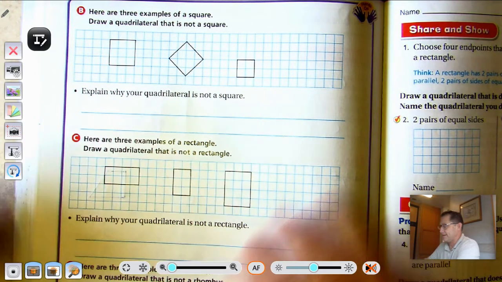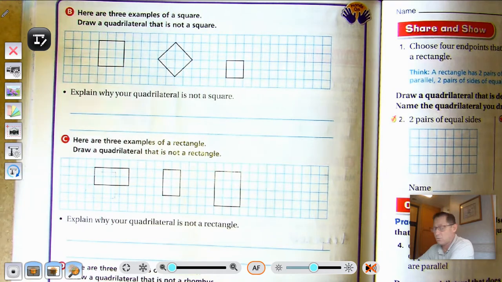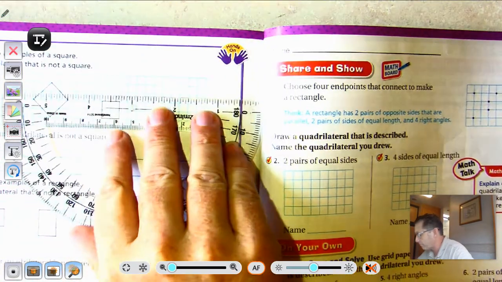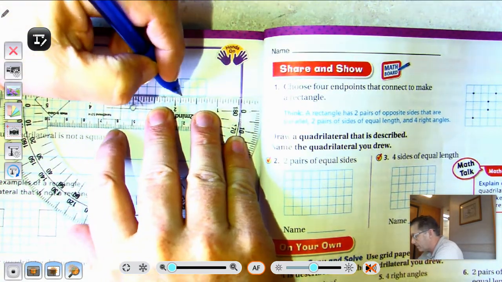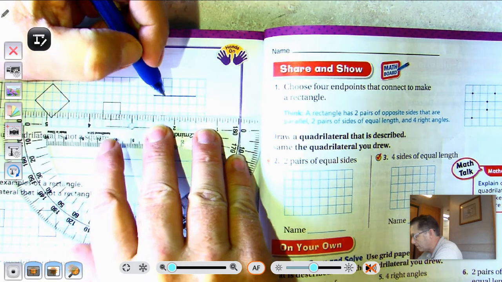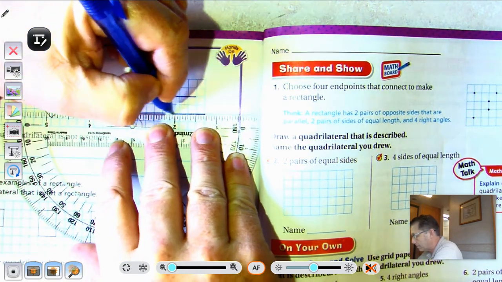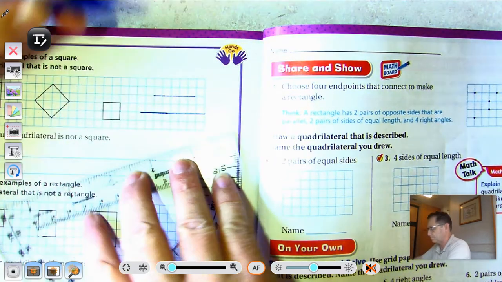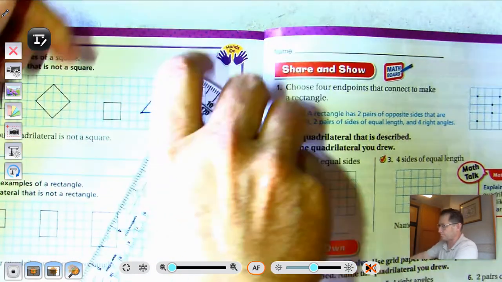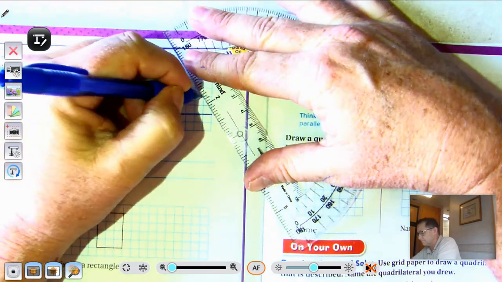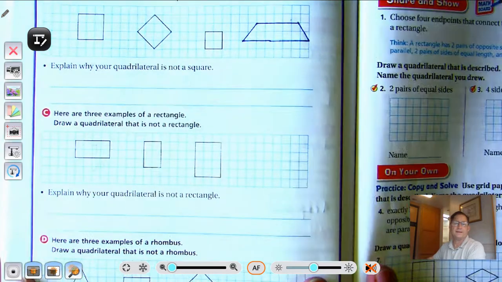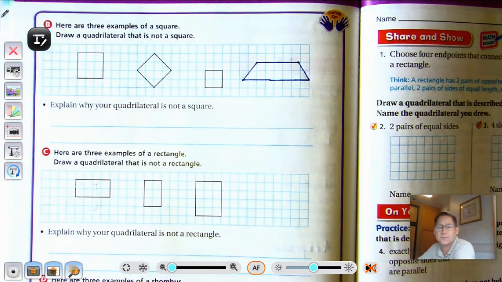So anything with four sides that is not a square. And explain why your quadrilateral is not a square.